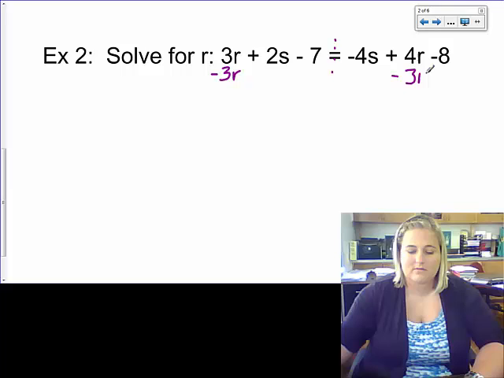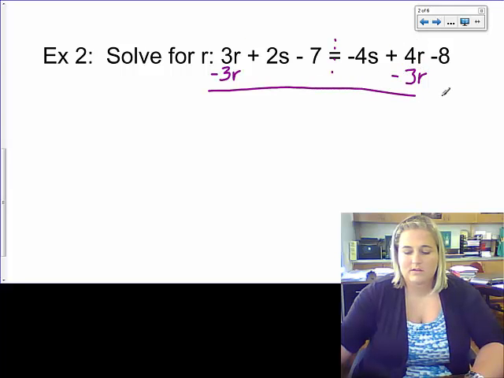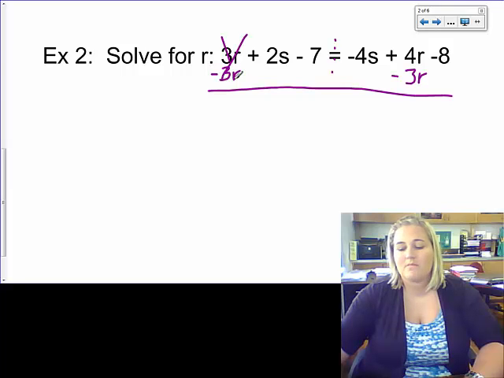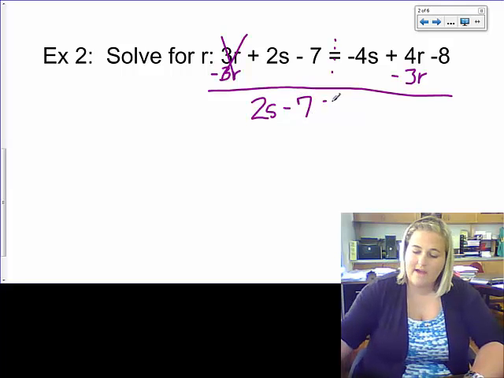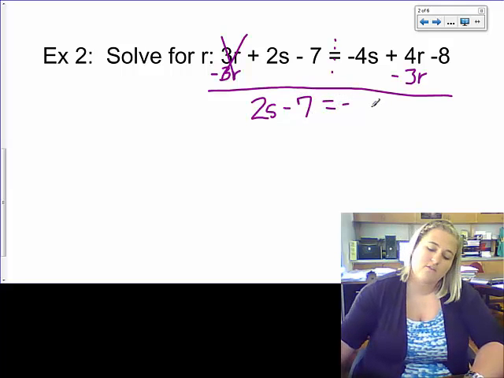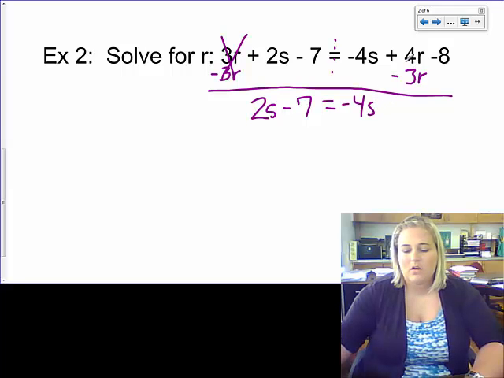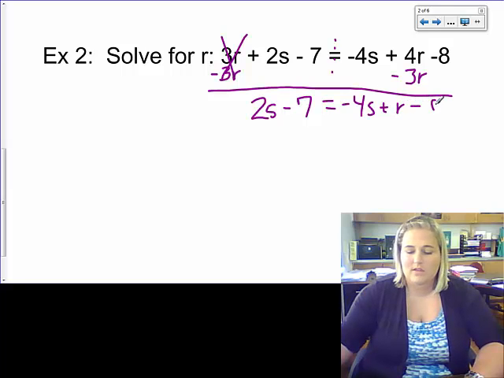So I'm just going to stack minus 3r underneath its like term over here. Those will cancel, leaving me with 2s minus 7 equals -4s. And then I have 4r minus 3r just gets me r, or 1r, minus 8.